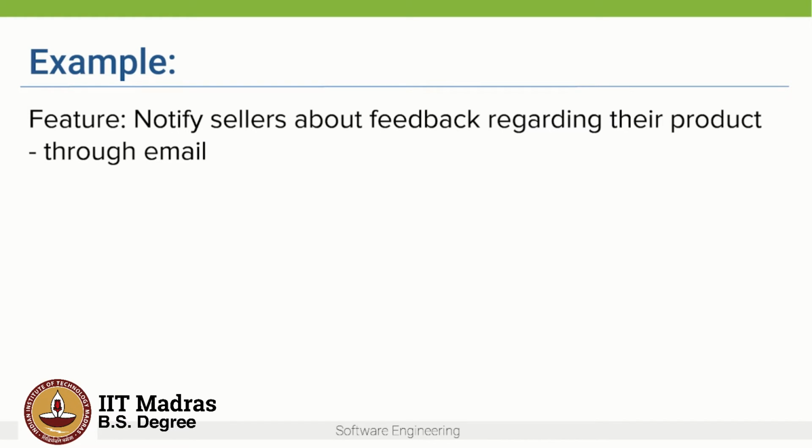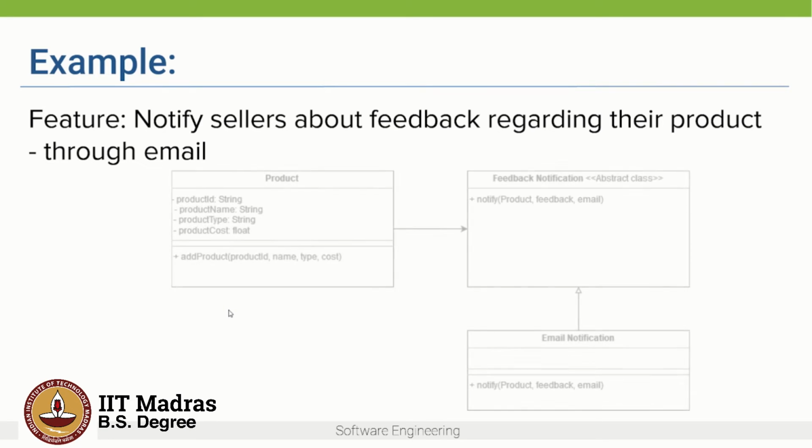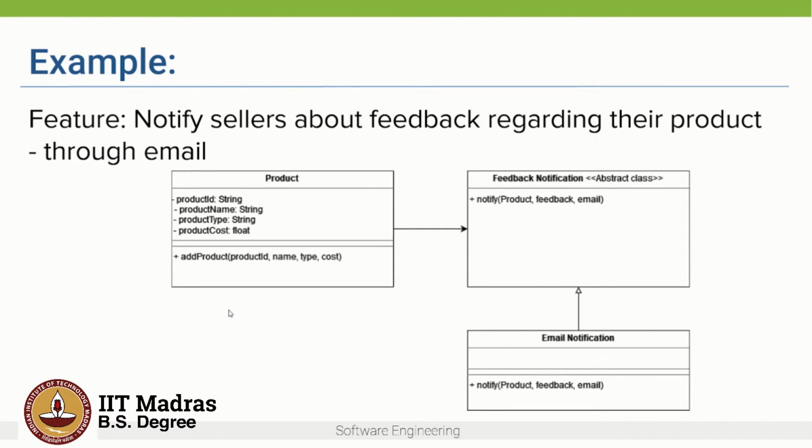So let's say we want to implement a feature where we want to notify sellers about feedback regarding their product. And we want to notify sellers through email. So here is one possible design which implements this feature.